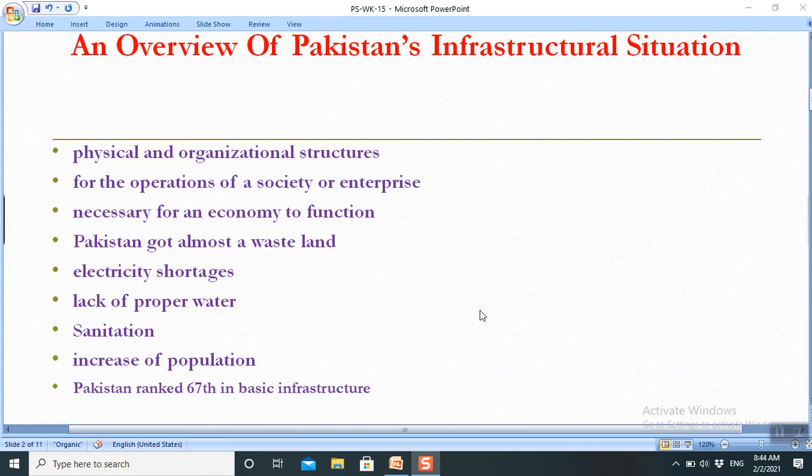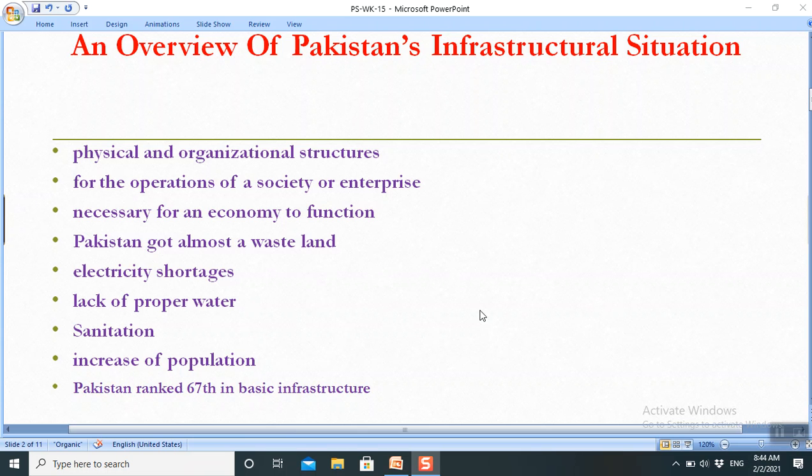But one thing was the open bias of the British: the areas where the people didn't like the British or faced most of the confrontation, the British didn't develop infrastructure in those areas as a punishment.